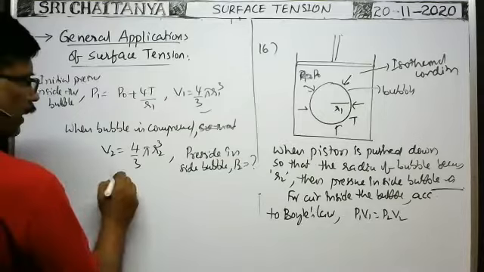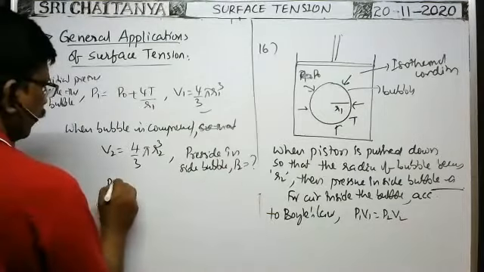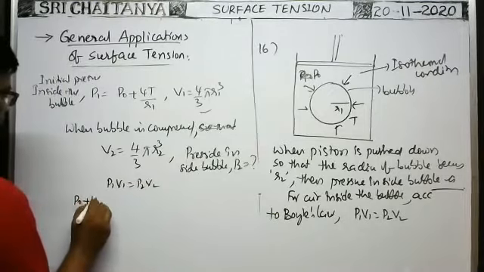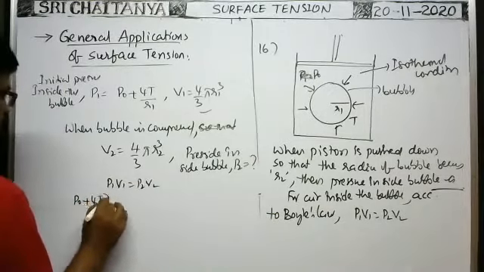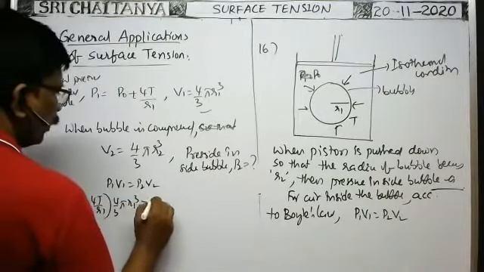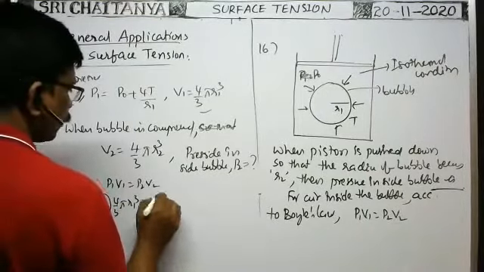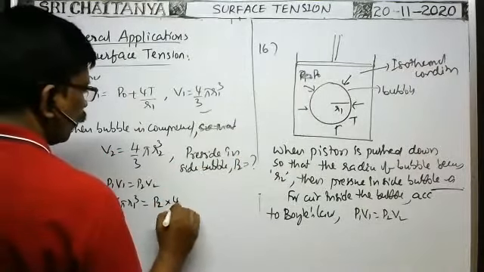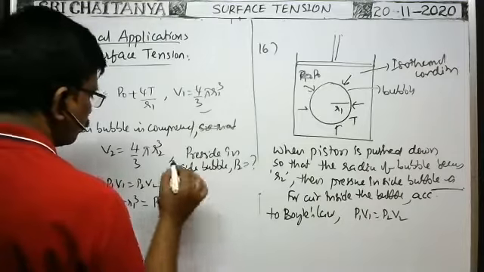Okay, from ideal gas, Boyle's law, P1 V1 is equal to P2 V2. P1 means P0 plus 4T by R1, into V1, 4/3 pi R1 cube, is equal to P2, which we have to find. P2 is the total pressure inside the bubble, into volume 4/3 pi R2 cube.